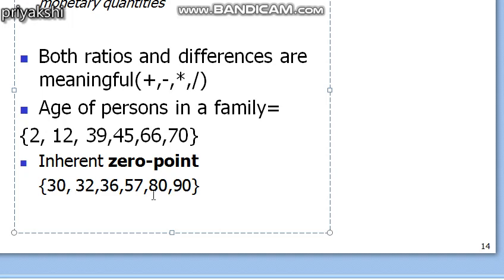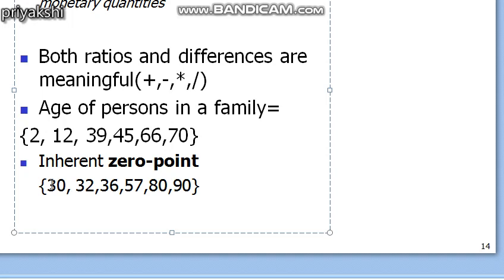So I can say that this particular person gets 3 times higher marks than this person. And this particular oldest person in the family is 2 times higher in age than the youngest person in the family. So I can say that in case of ratio scale variable, both the ratios and differences are meaningful.